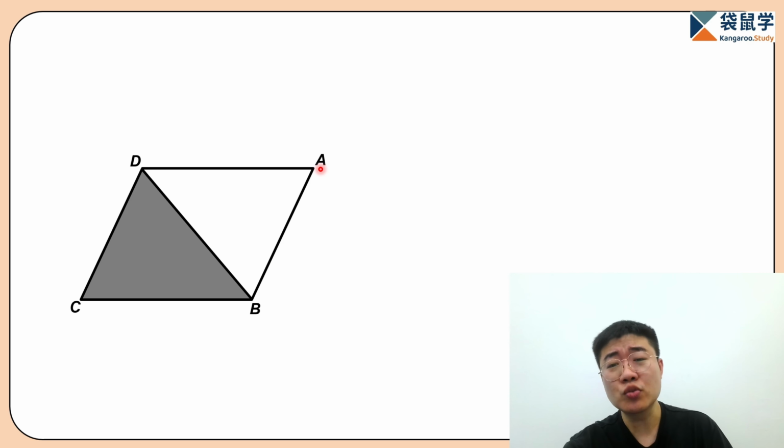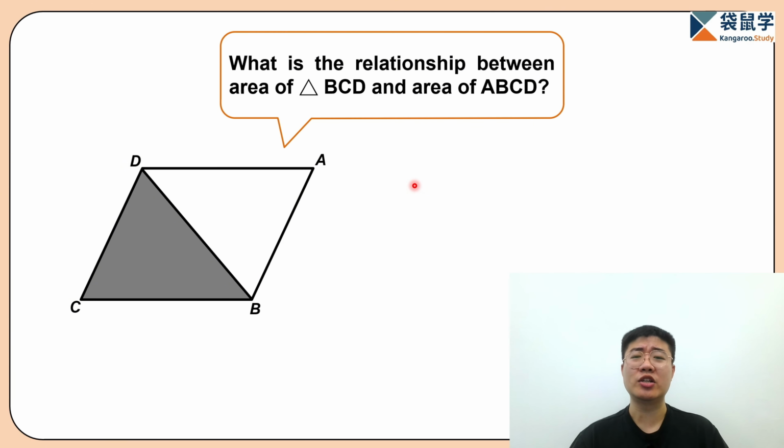Now, suppose we have a parallelogram ABCD. Let's connect the diagonal BD. So we get this shaded triangle BCD. So let's say now I'm asking you, what's the relationship between the triangle BCD and the area of the parallelogram ABCD?